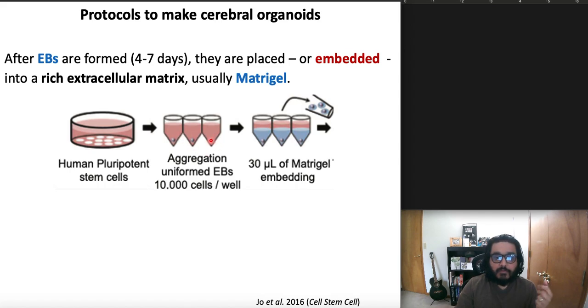And once we have nice embryoid bodies, then we do a second transfer. We take them and now embed them into this extracellular matrix, the matrigel. Okay, so this blue substance here represents the matrigel that the embryoid bodies are now going to reside in for the rest of their time in culture.